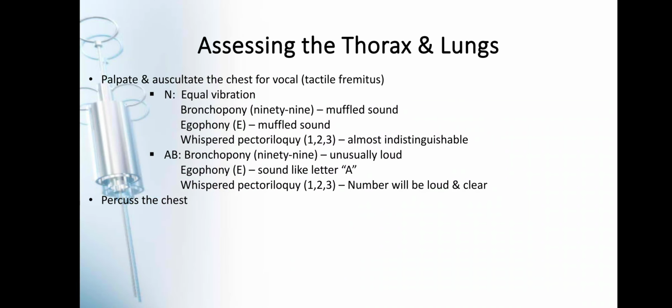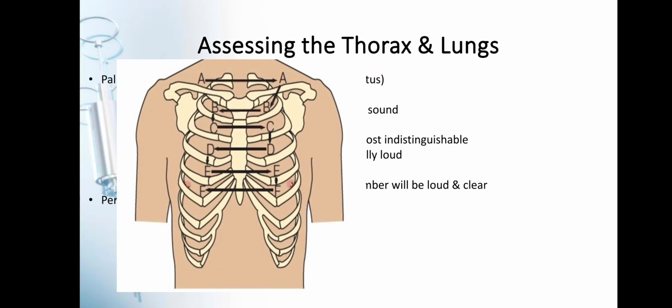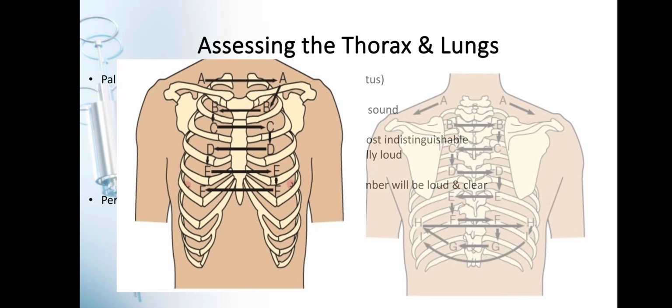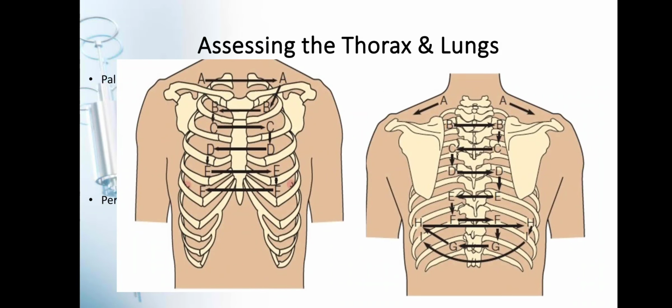And then after palpating and auscultating, we will go to percussing the chest. It follows the same proper way as you palpated and auscultated. We use either direct or indirect percussion. Indirect means using your non-dominant hand, on which you strike with your dominant hand to elicit a sound.